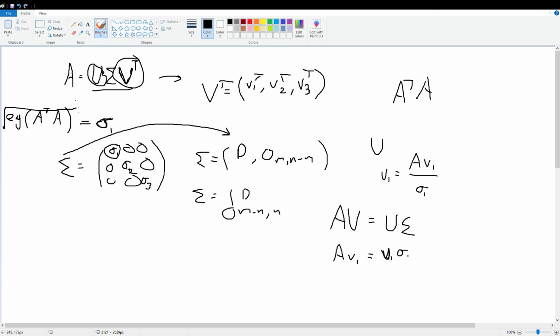So, the singular value decomposition involves calculating the singular values and arranging them in this matrix sigma appropriately, calculating the singular vectors of A from A transpose A, and then transposing them. And then with each of these singular vectors, calculating an equivalent U using this equation.